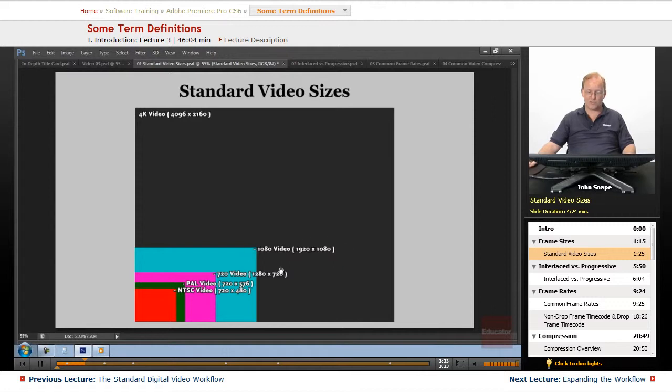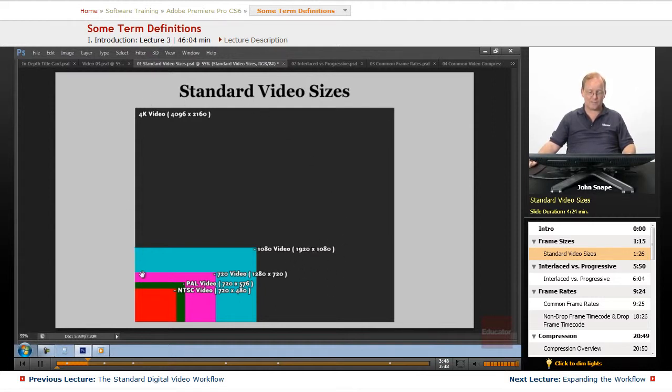So just to shorten it, they just use 1080 or 720, because you know that if they say 720, it's 1280 by 720, just by definition. There's no 1200 by 720 video. It's 1280 by 720, and it's 1920 by 1080. So there's no intermediate values in there that you can get confused with.